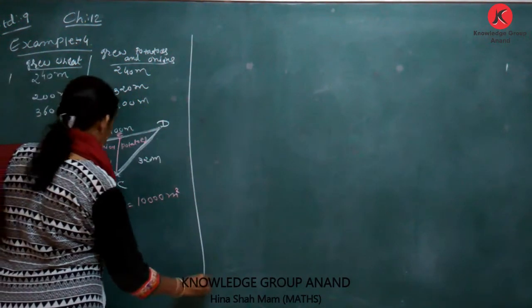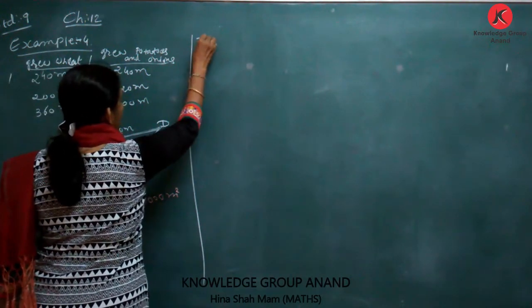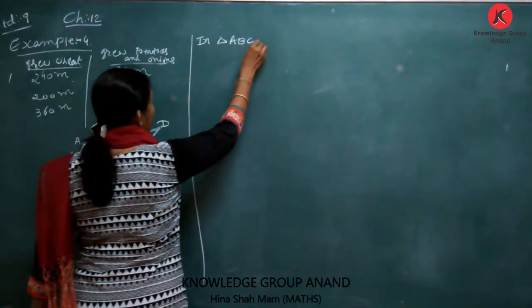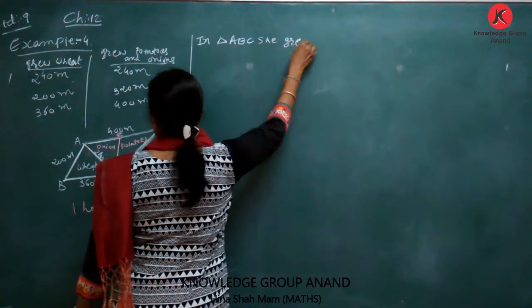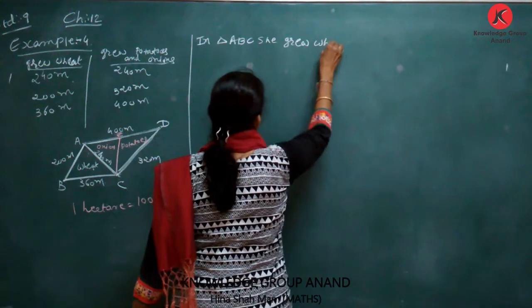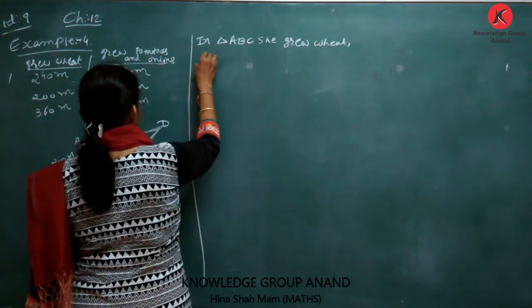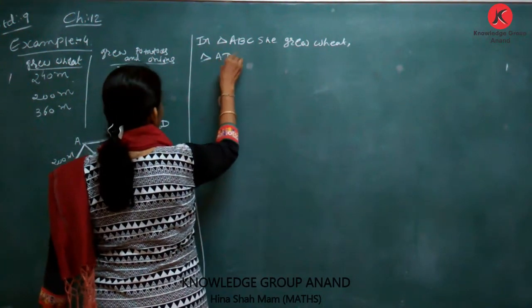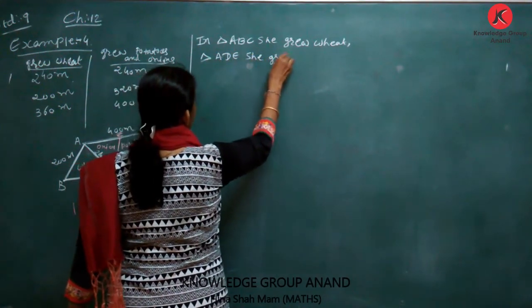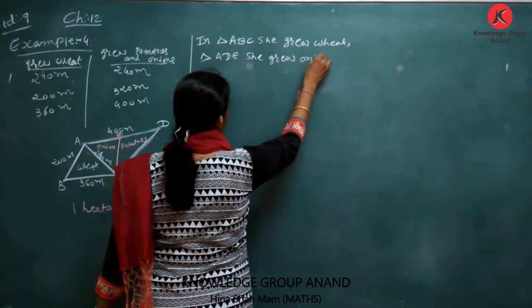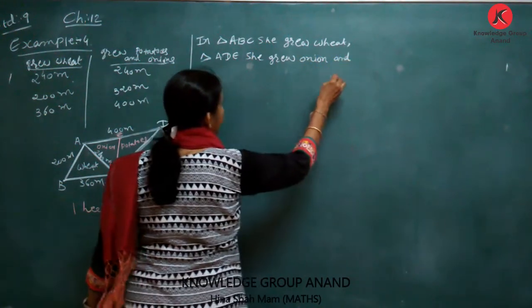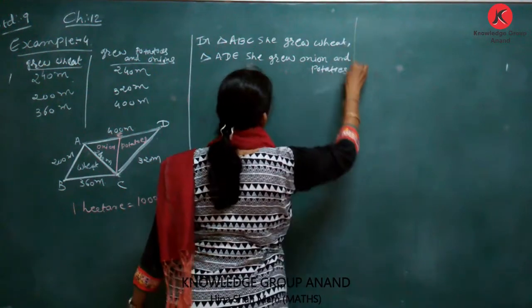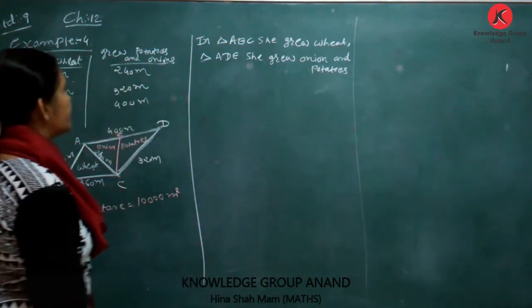Now in triangle ABC she grew wheat. In triangles ACE and ADE she grew onion and potatoes.